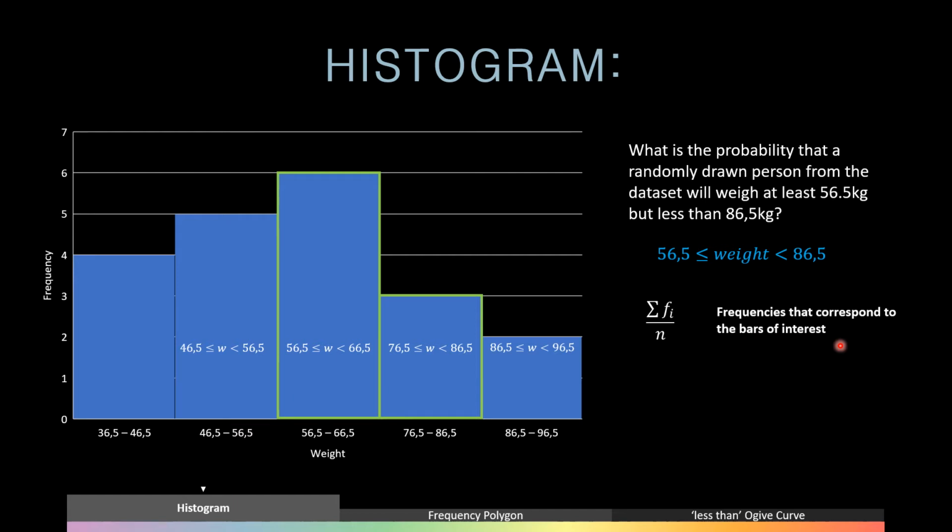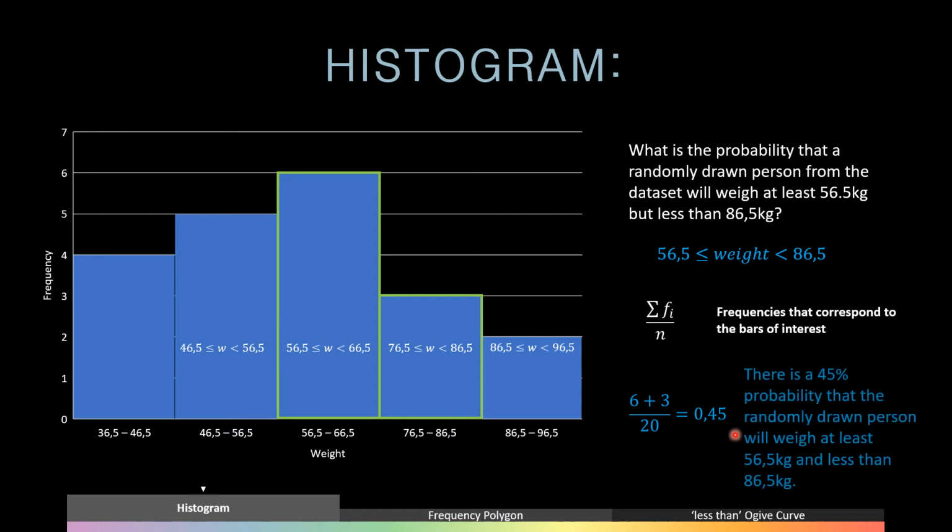And that is why we went through this process of identifying our range and then identifying the bars of interest. So in this particular case, we're interested in the frequencies 6 and 3. So we're going to say 6 plus 3 divided by 20, which gives us an answer of 0.45. And what this tells us is that there is a 45% probability.